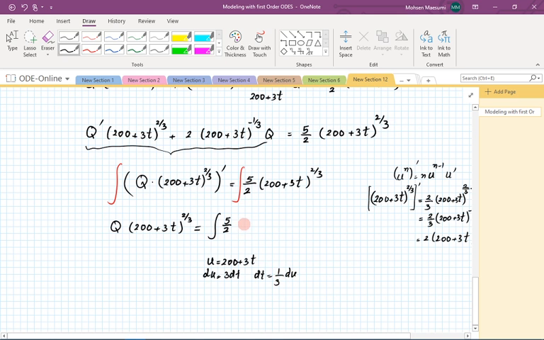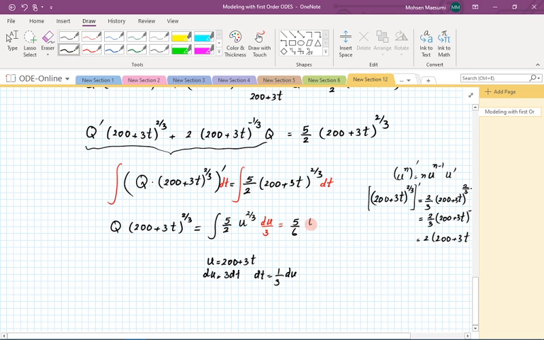So this is 5/2 of u to the power of 2/3. Let me be careful here so we are not making a mistake. This is a dt. Instead of a dt, I need to write du over 3. So 5, 2, and 3, that's 5/6.